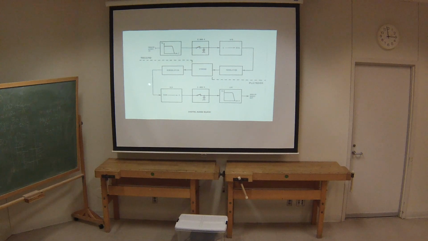But the bottom line is that we get a string of zeros and ones that represent the original signal, and we feed that into a digital to analog converter, and guess what this guy puts out? It puts out pulses. And we call those pulse amplitude modulation.